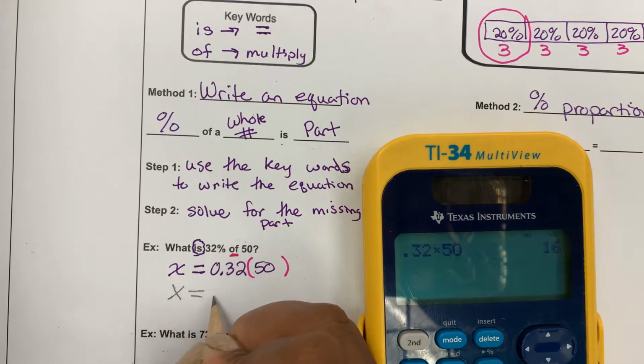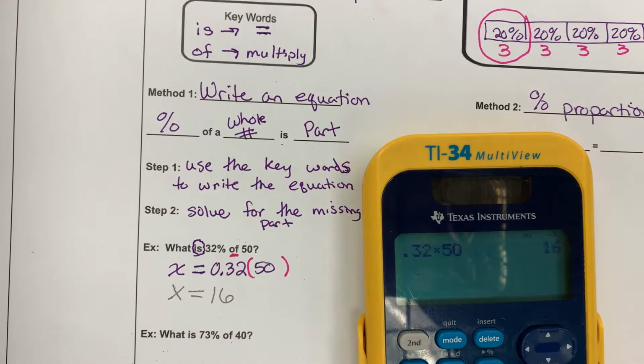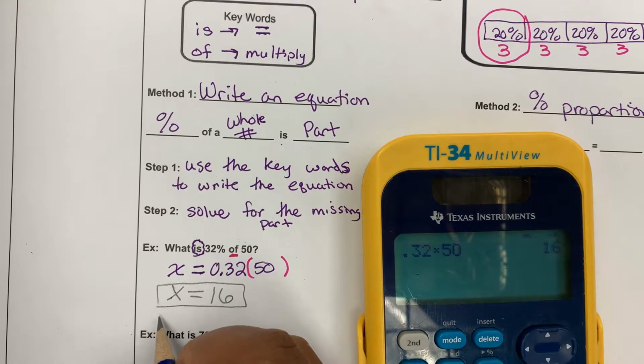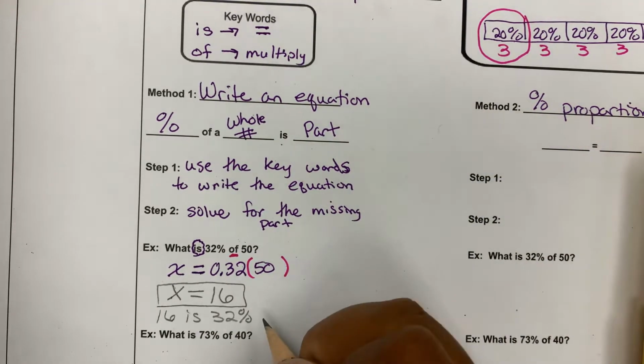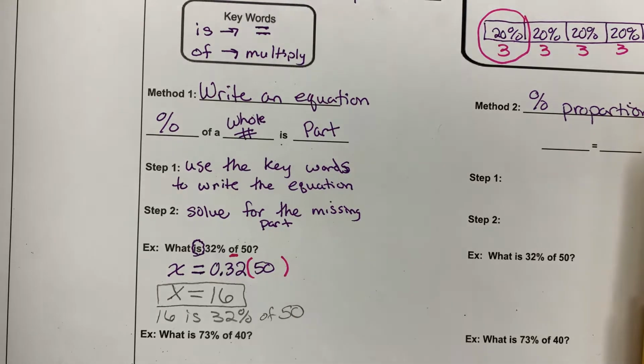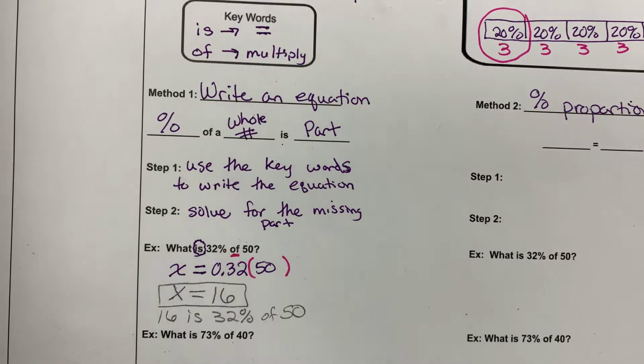So I put down 16, which means 16 is 32% of 50. So I found out what that part was. We're going to practice with the next one.